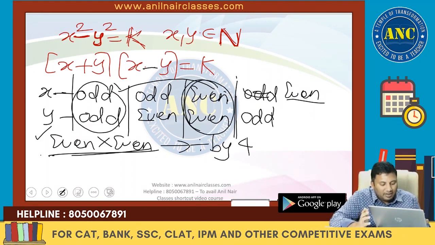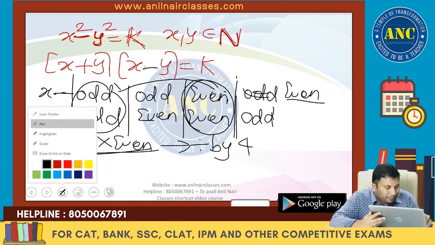Even minus even, even. First and third case, these are divisible by 4.